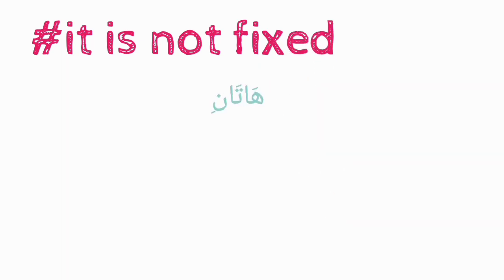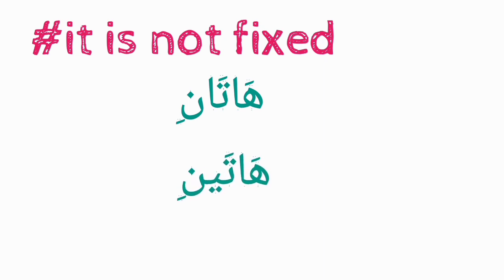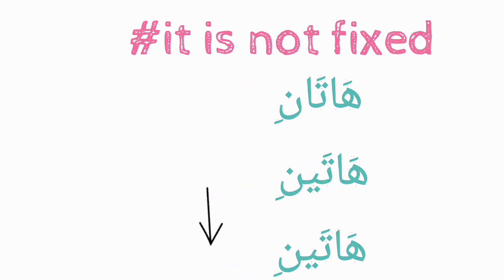What you should note about this is that it is not fixed. Hatani is marfu with the presence of alif, hataini is mansub with the presence of ya, and hataini is also majrur with the presence of ya.